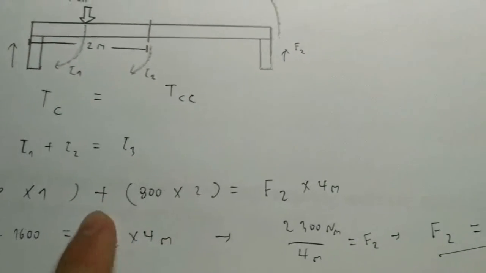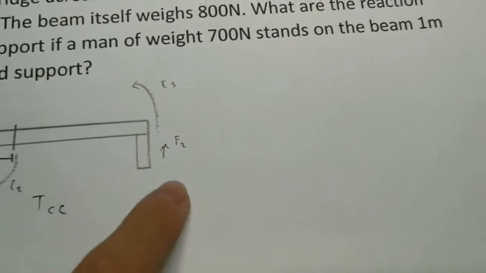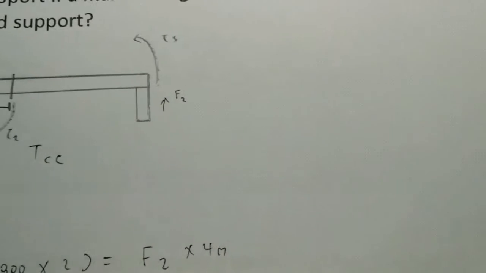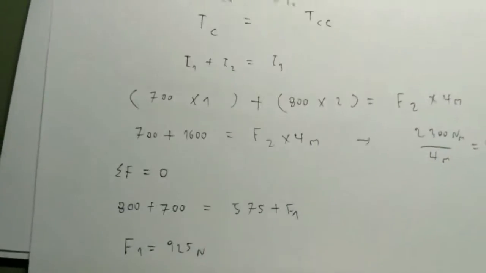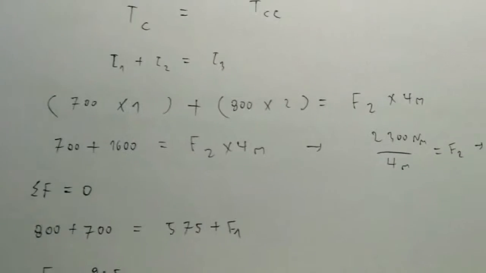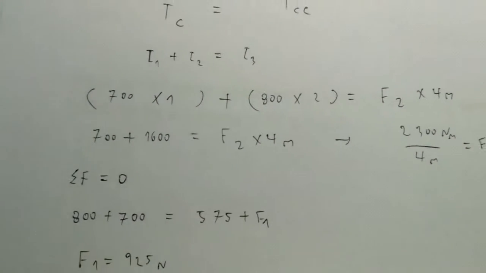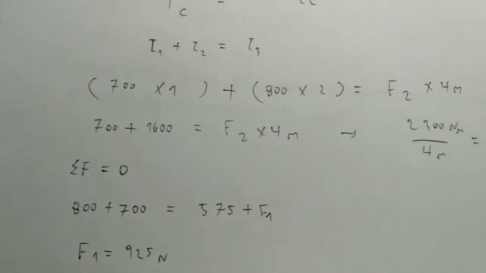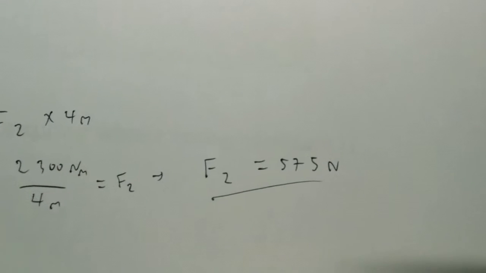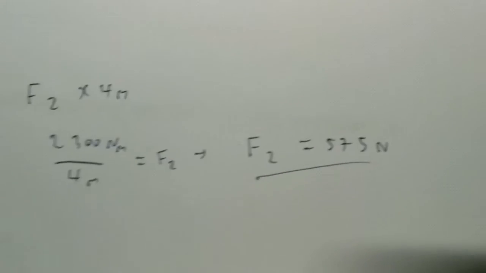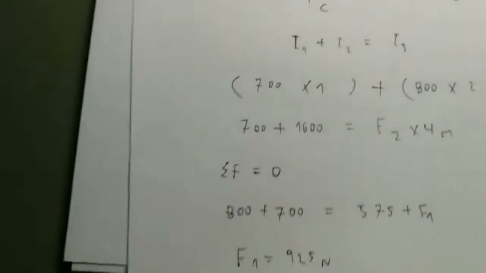So 800 times 2 equal to F2, the force here, times 4 meter. Here to here 4 meter. So 700 plus 1600 equal to F2 times 4 meter. So F2 is 555 Newton. And we have to find F1 here.